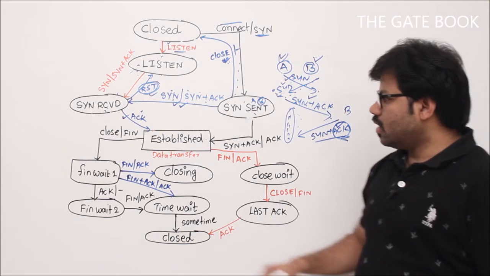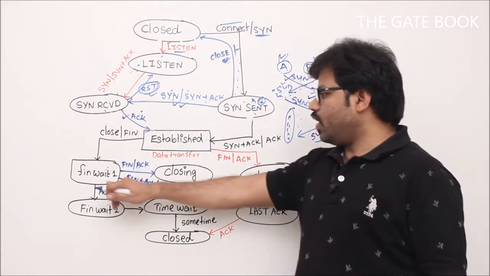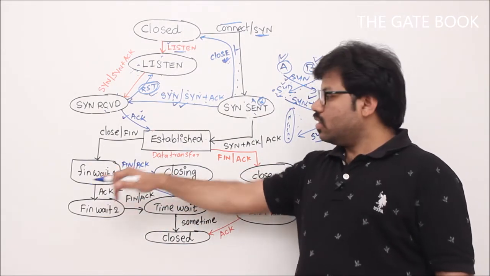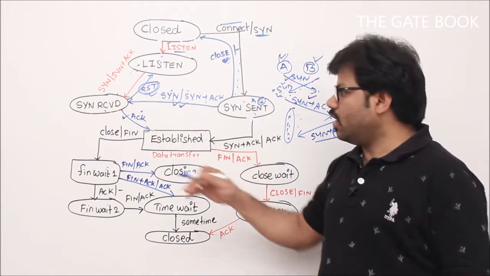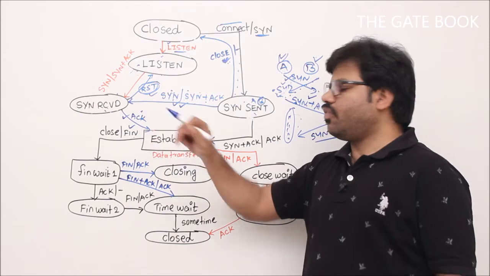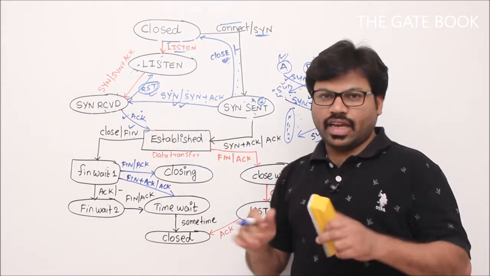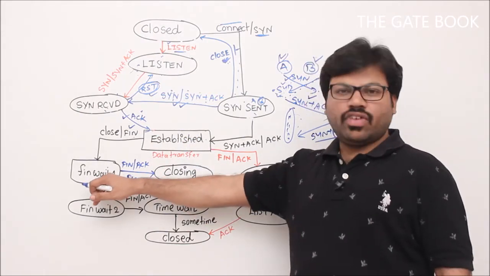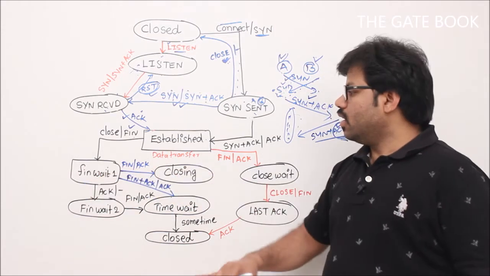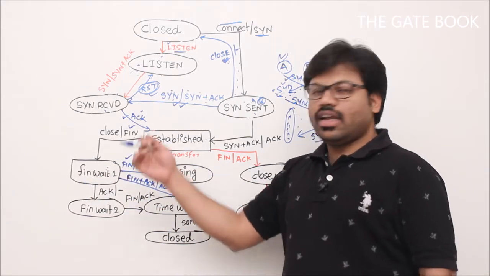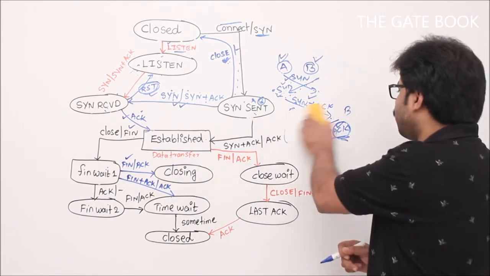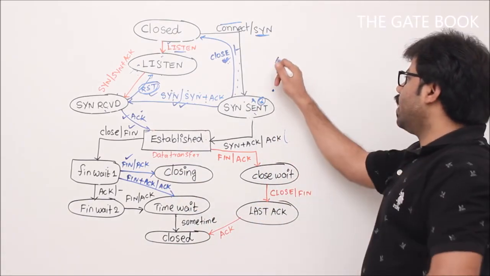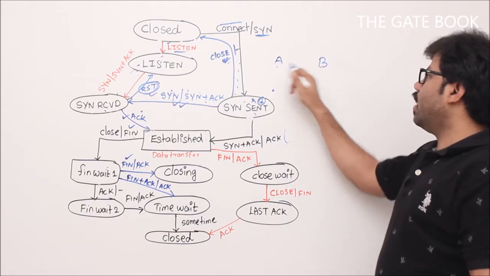Then anything else? This one, you see, when you are in the FIN wait 1 state, what does that mean? Just now we got orders from our higher layer to send FIN, correct? That's why we sent FIN. After sending FIN, any entity will go to the FIN wait 1 state. Then suddenly, if from the other end also you get FIN, that is surprising, correct? See the story. There are two ends again. Now it is not the routine client server model.